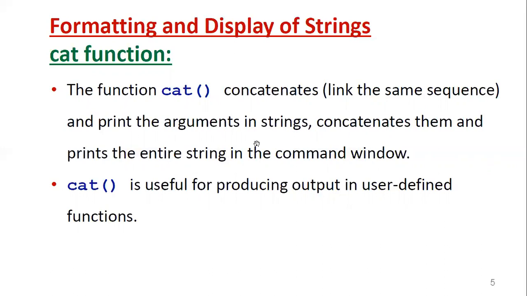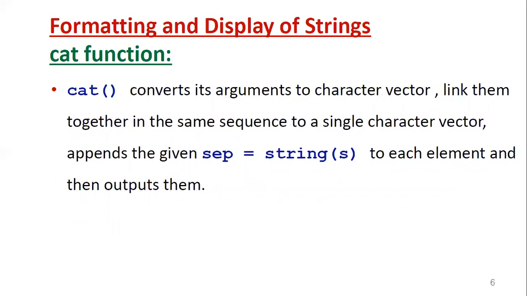The output is, after concatenating the strings, whatever order we want, displayed in the command window. The cat function is also useful for producing output in user-defined functions. So in our user-defined function, whatever output format is required can be produced using the cat function.